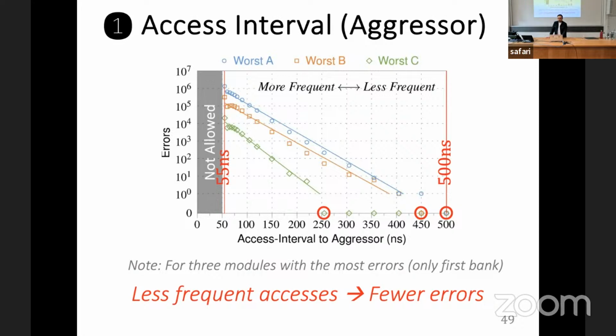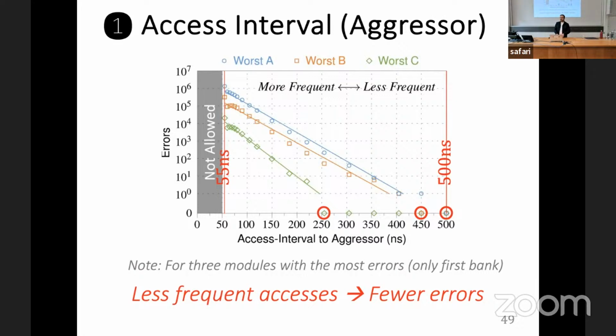Because basically you send activations to the aggressor row, right? And so here we look at the sensitivity of how frequently we can send activations and how many bit flips we can get by doing that. There is an upper limit on the highest frequency, because the DRAM communication protocols mandate some timing constraints.